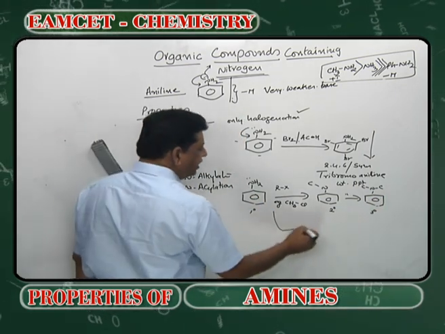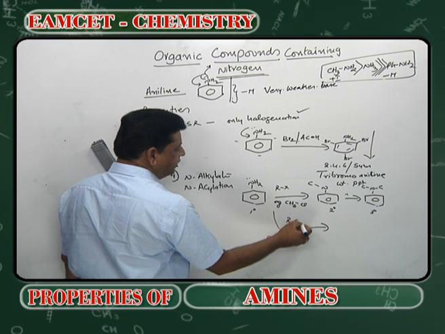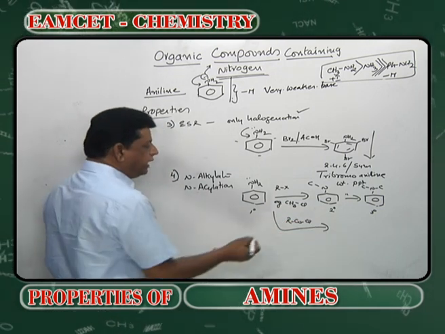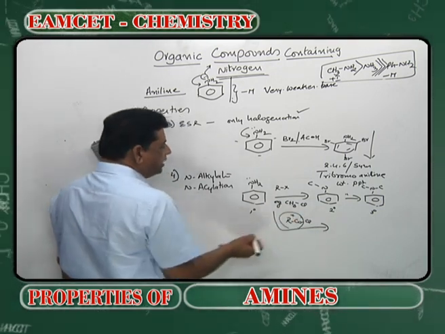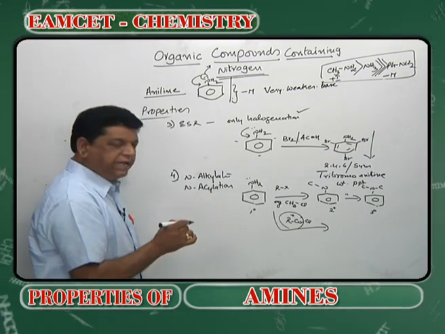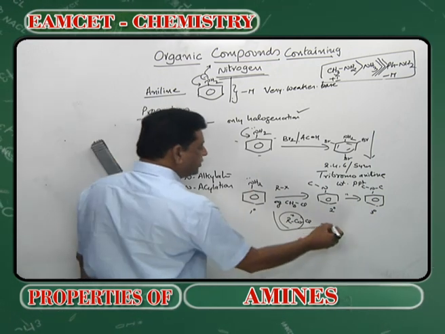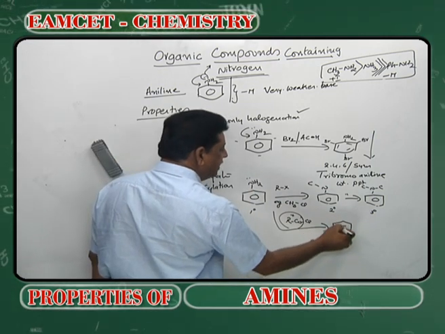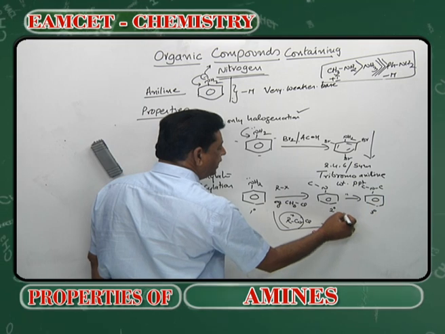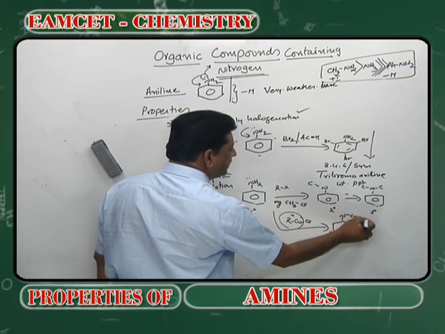Similarly, if you do acylation with RCOCl, RCO plus is generated, which instead of attacking at the ring, because N is very susceptible for the reaction, attacks the N lone pair, and NCOCH3 comes.